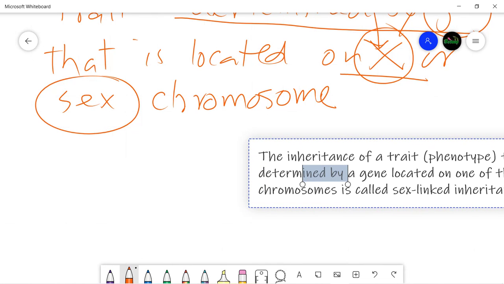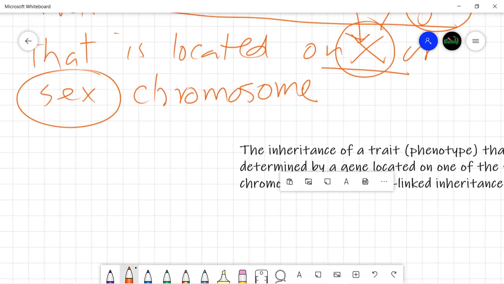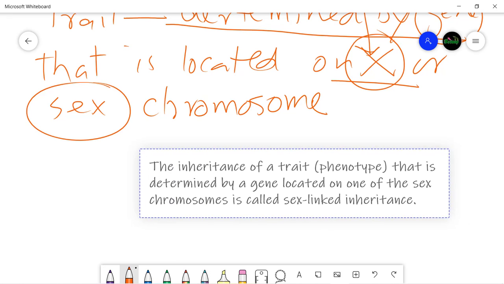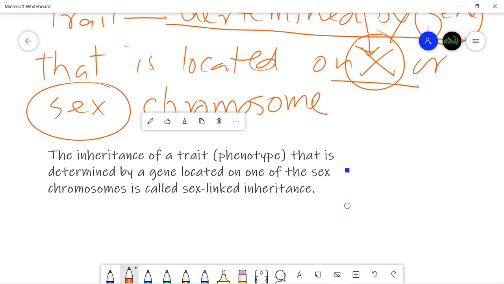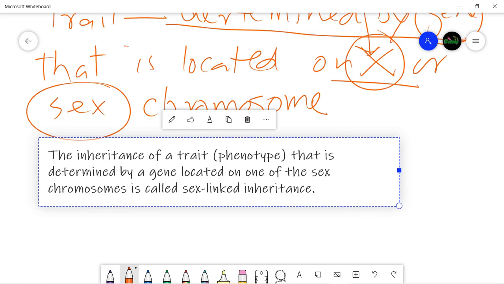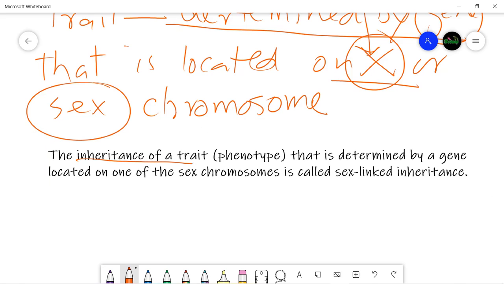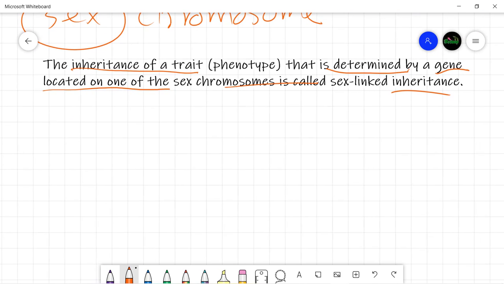Now this is the word by word definition of sex-linked inheritance: the inheritance of a trait that is determined by a gene which is located on one of the sex chromosomes.